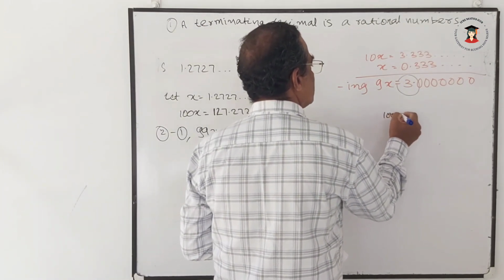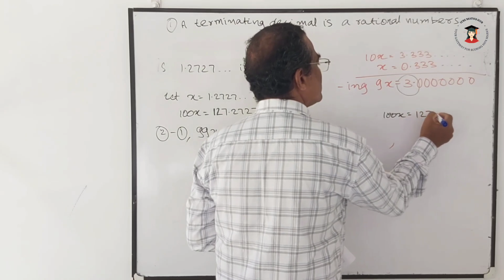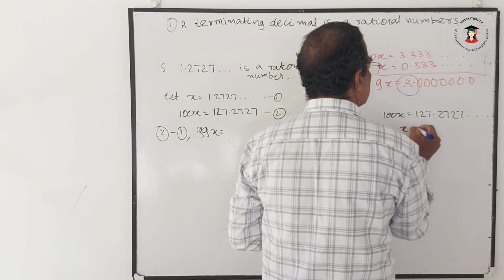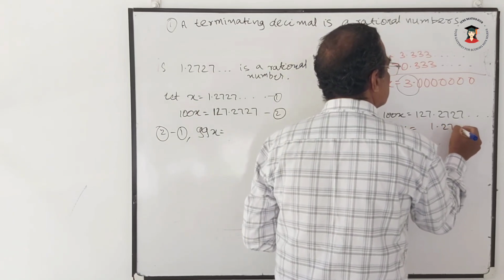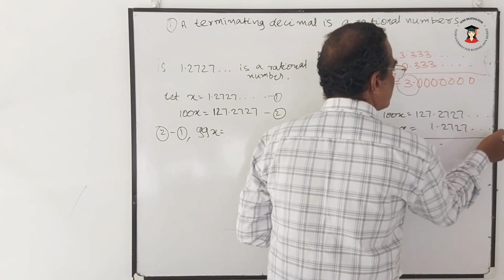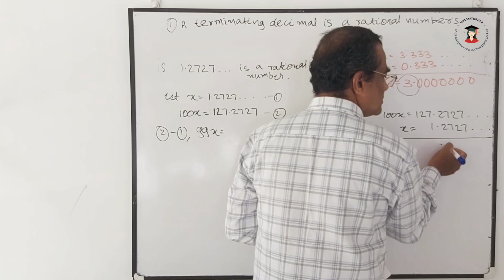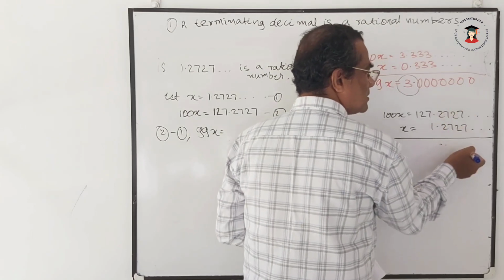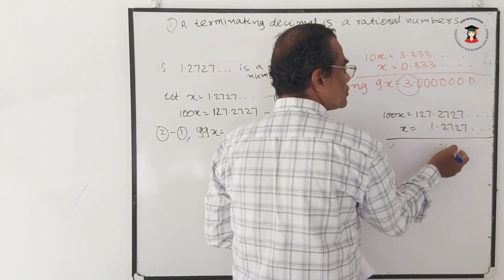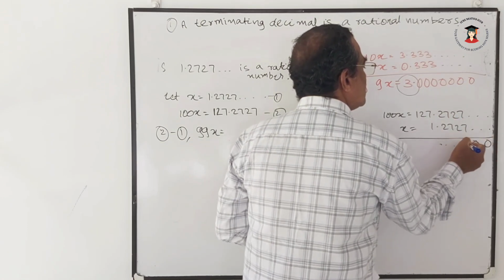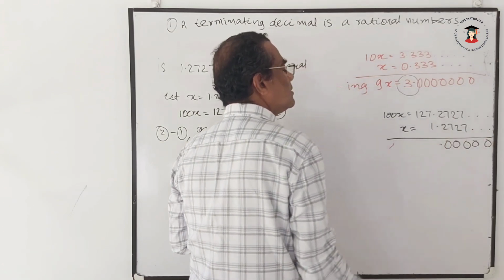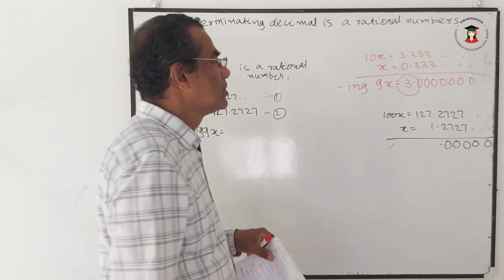It is 100x, 100x is equal to 127.2727, etc. And x is equal to 1.2727, etc. On subtracting, all the digits up to the decimal, because it's 7 by 7, 7 minus 7, 0, 2 minus 2, 0, 7 minus 7, 0, 2 minus 2, 0, up to here, all digits will be zeros.